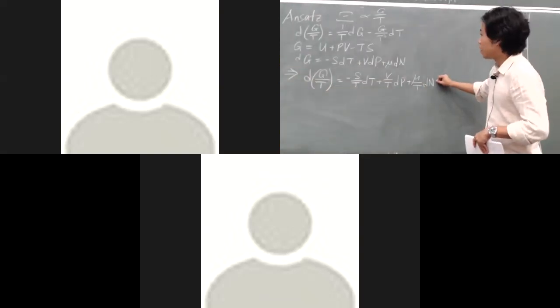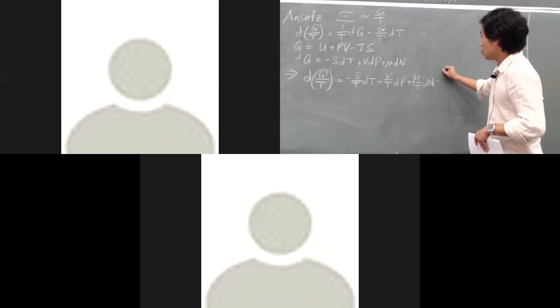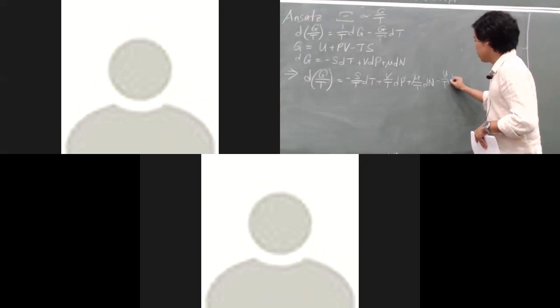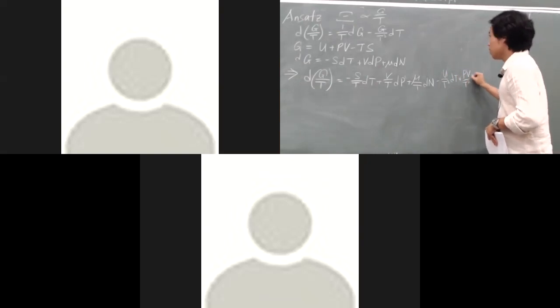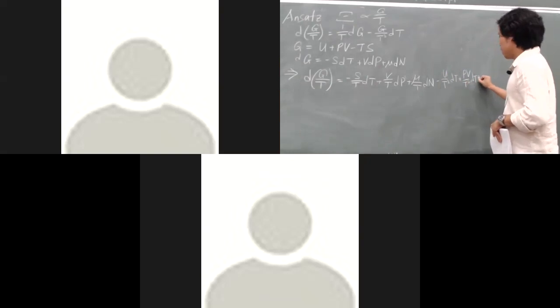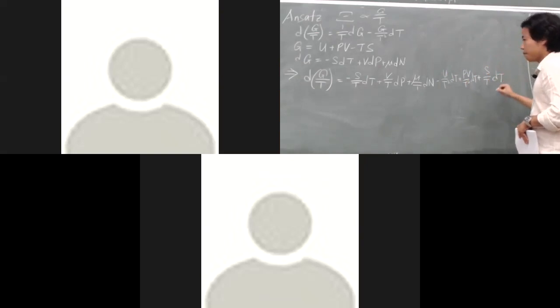That's the first term. And then for the second term, you have minus U on T squared dT plus PV on T squared dT plus S on T dT. Is that the second term? So this plus S on T dT cancels out with this minus S on T dT, and nothing else cancels out.